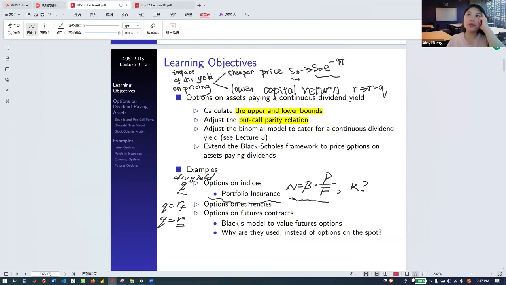And beta here is the optimal hedge ratio, if we are dealing with stock index options.